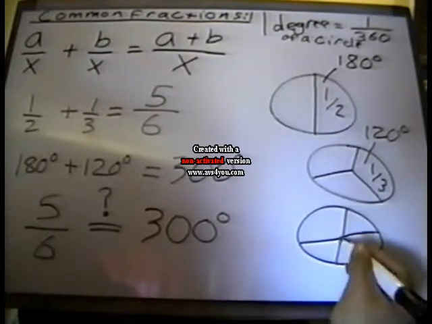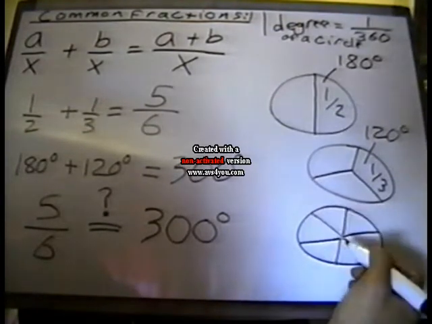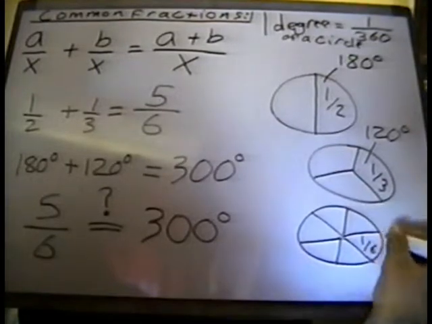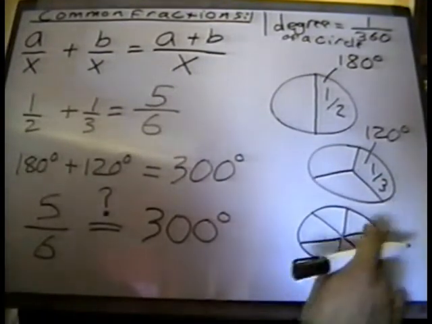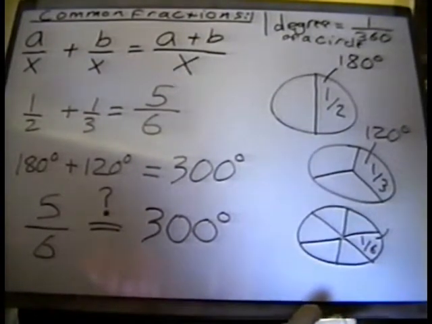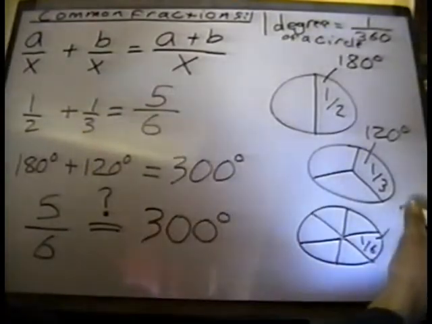Or we've divided the circle into 6 equal parts. And one of those parts we say is 1/6, which will be 1/2 of 1/3. So 1/2 of 120 degrees is 60 degrees.